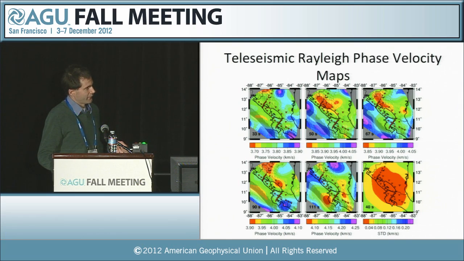I'll also point out that we see this high velocity region offshore. And then at the longer periods, this high velocity region starts to migrate towards being located beneath the arc.